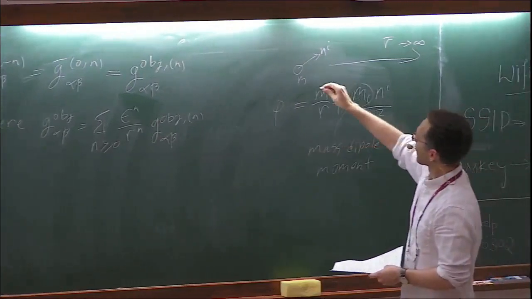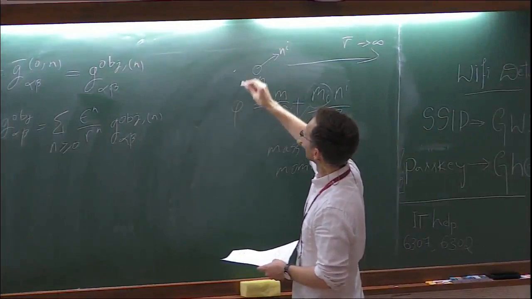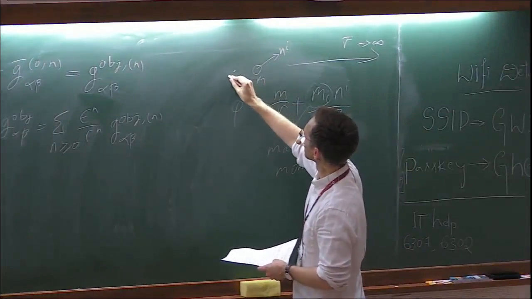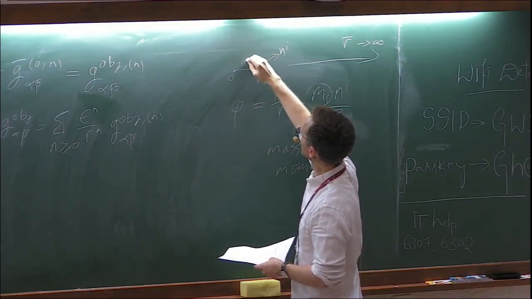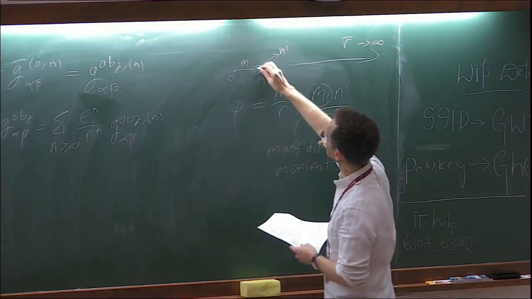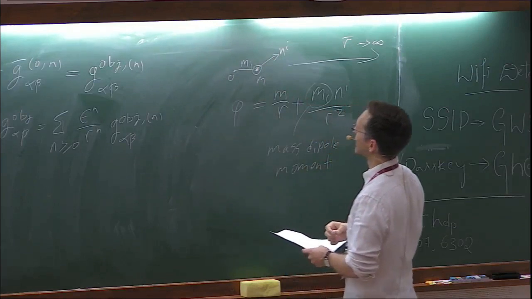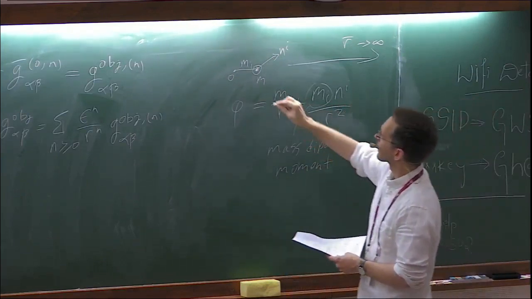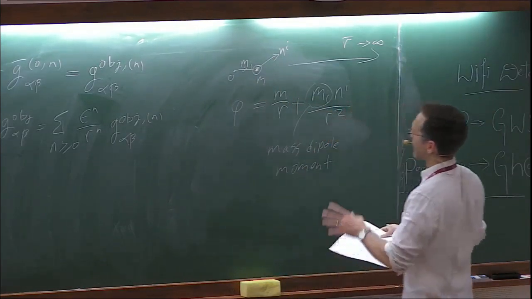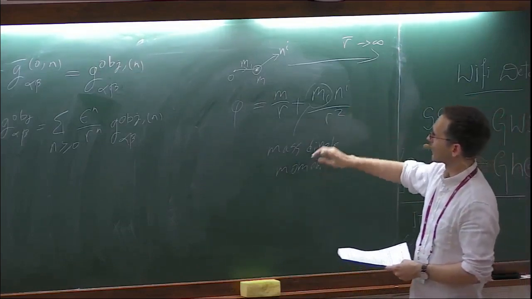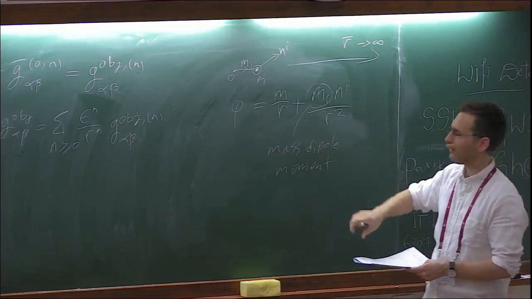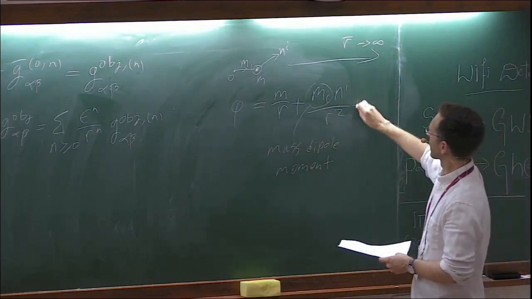That's telling you how far away from the origin the center of mass of the blob of matter is. So it's the displacement of the center of mass away from the origin. So you can always just choose a coordinate system in which the origin is on the center of mass, and then this term will vanish.